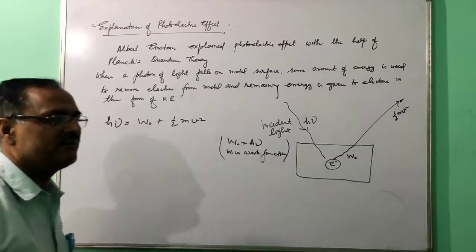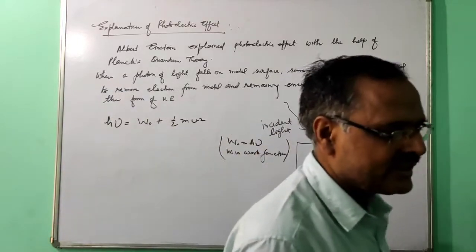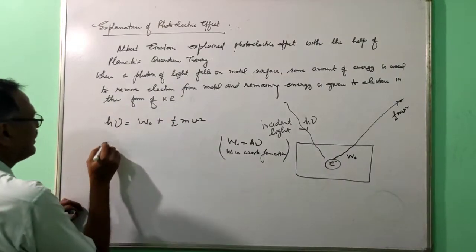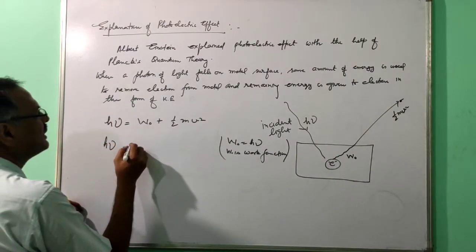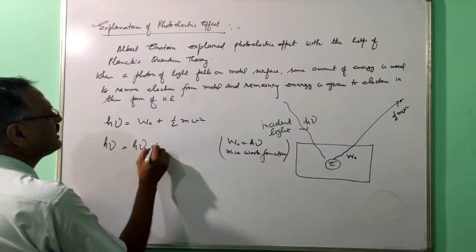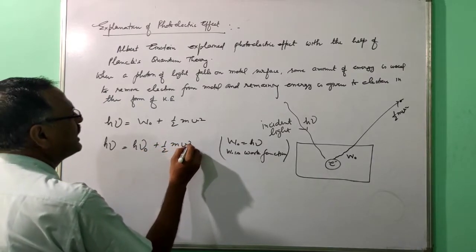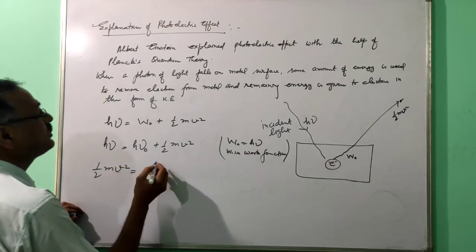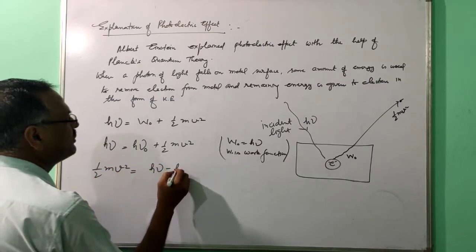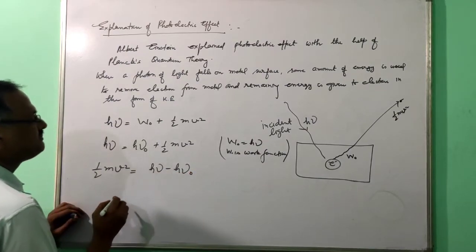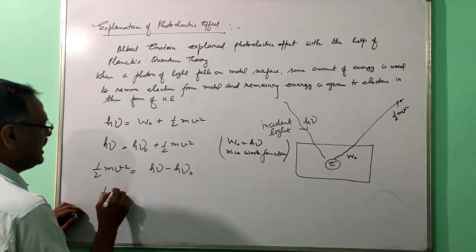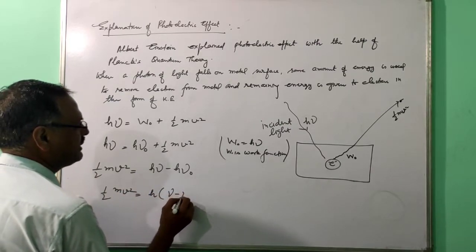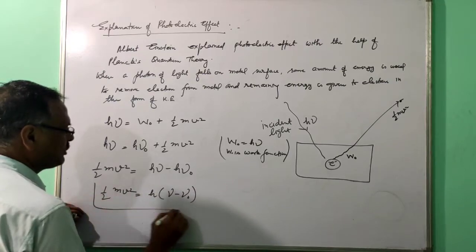The minimum amount of energy required to remove the electron from a metal is called work function. So we can write h nu is equal to h nu naught plus half m v square. So half m v square is equal to h nu minus h nu naught, or half m v square equals h times (nu minus nu naught).